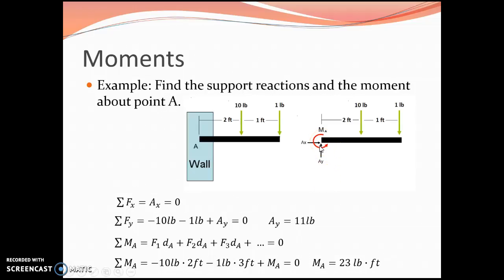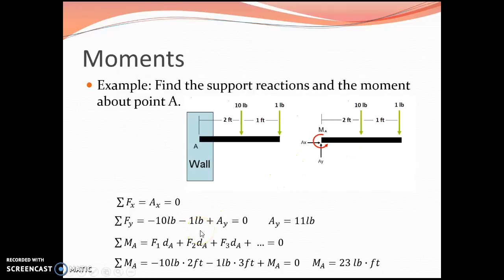It's also holding it from going left and right, and it's also stopping it from spinning. Notice the reason they drew it going this way is because this 10-pound force wants to make this beam rotate clockwise. This 1 pound one wants to make it rotate clockwise. So what this is showing is that the wall is applying this moment counterclockwise to keep this from rotating.